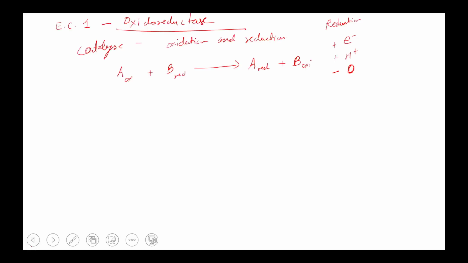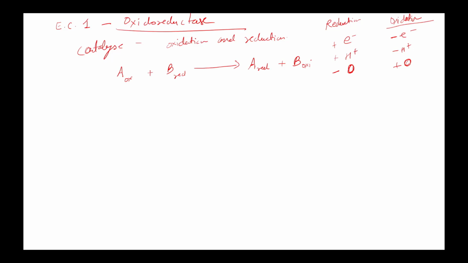If oxidation, that means removal of electron, removal of hydrogen, and addition of oxygen. That's what happens in this kind of reaction.